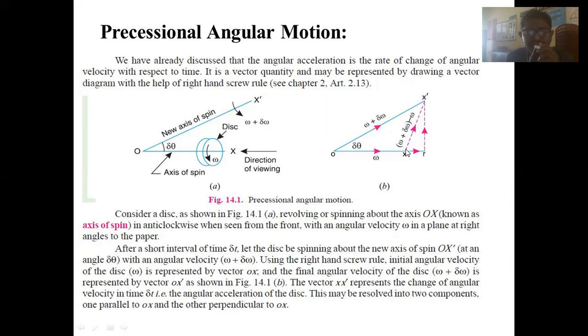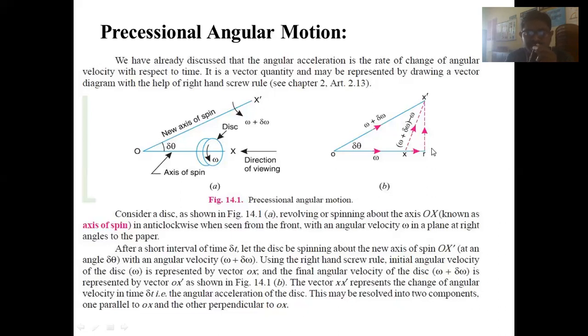Now, this change in angular velocity XX dash can be resolved into two components. One is along the line OX, that is XR, and another component perpendicular to OX, that is X dash R. I have to determine these two components.